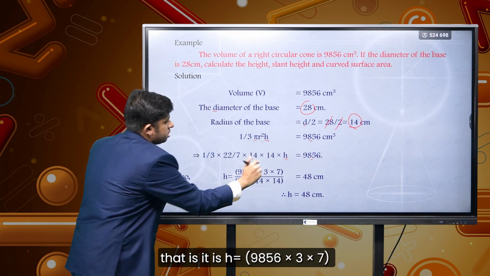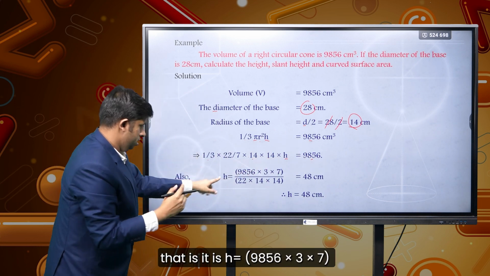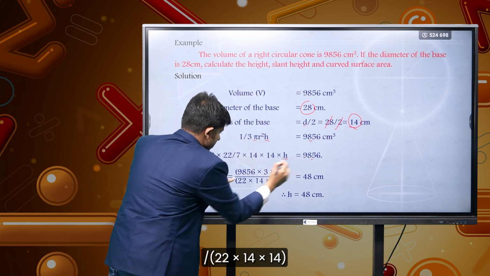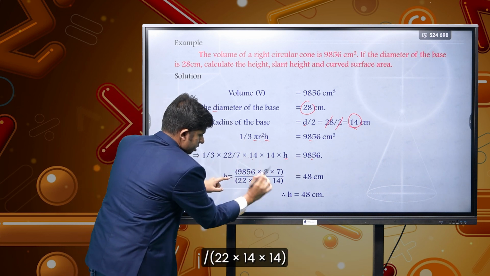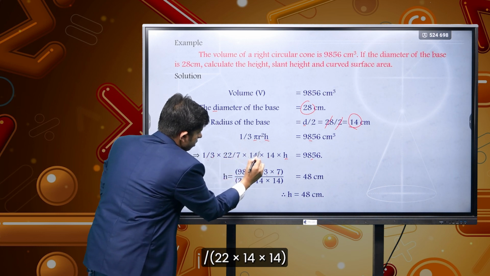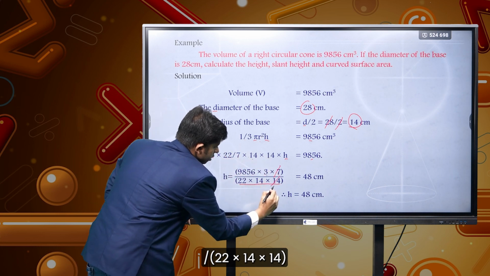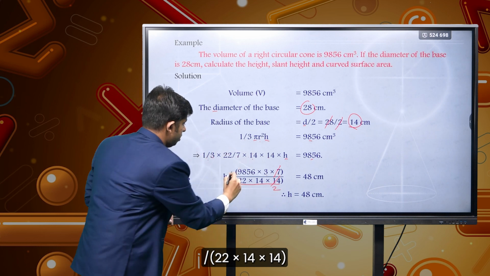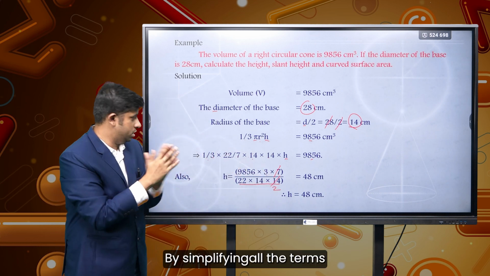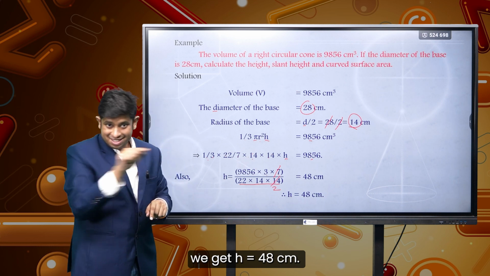That is, h is equal to 9856 into 3 into 7 by 22 into 14 into 14. By simplifying all the terms, we get h is equal to 48 cm.